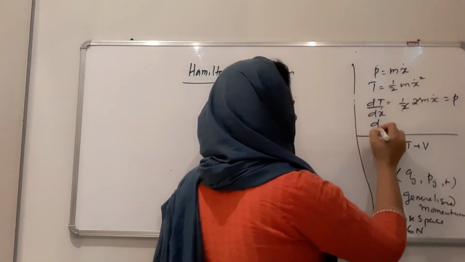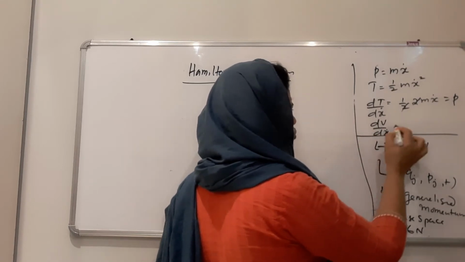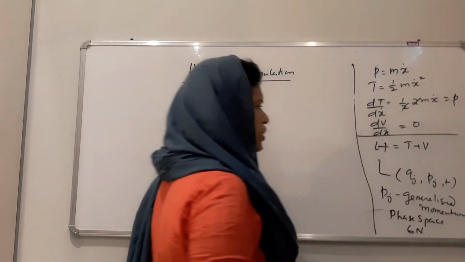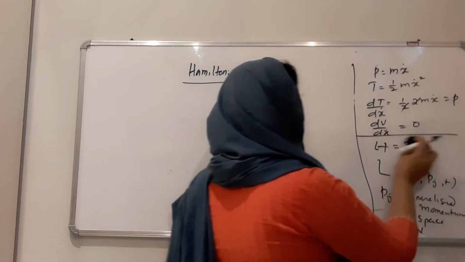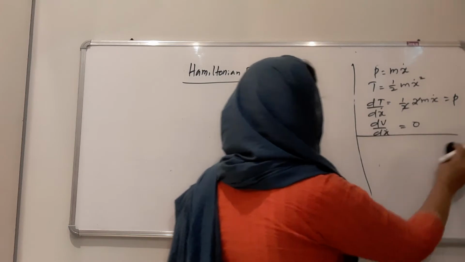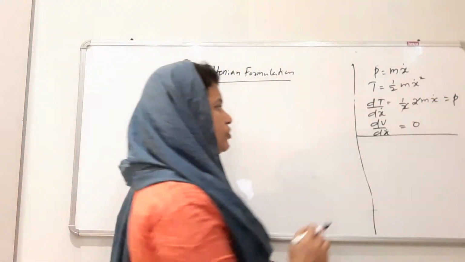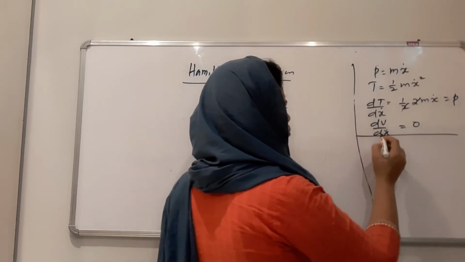Then what is dV by dx dot? By differentiating potential energy with respect to x dot, this is equal to 0, because potential energy is velocity independent. It depends only on the coordinate. Therefore dV by dx dot is equal to 0.